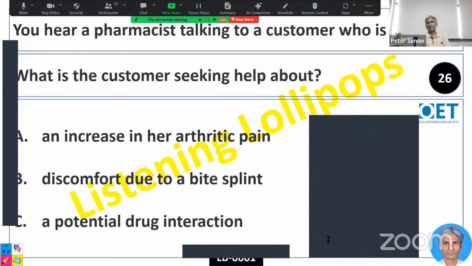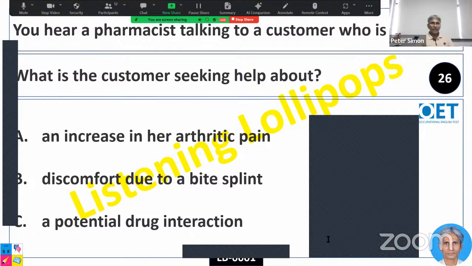An increase in her arthritic pain. So arthritic is the keyword here. Next one, discomfort. Pain means discomfort, so there is not much change here. Discomfort due to a bite splint.